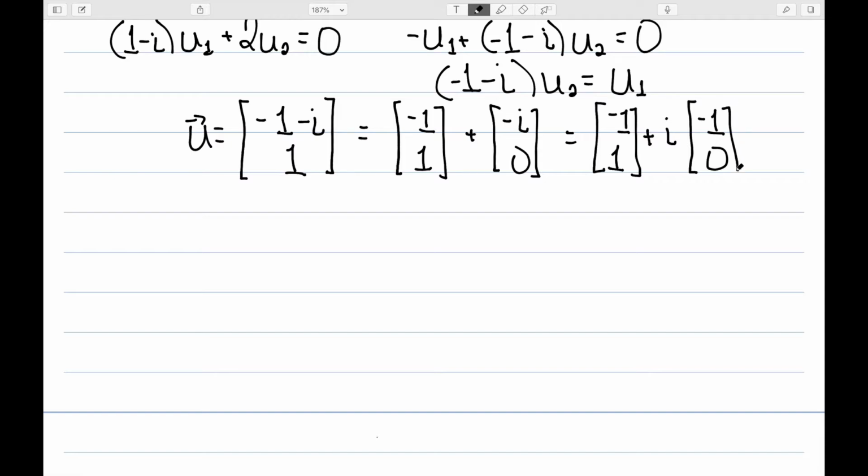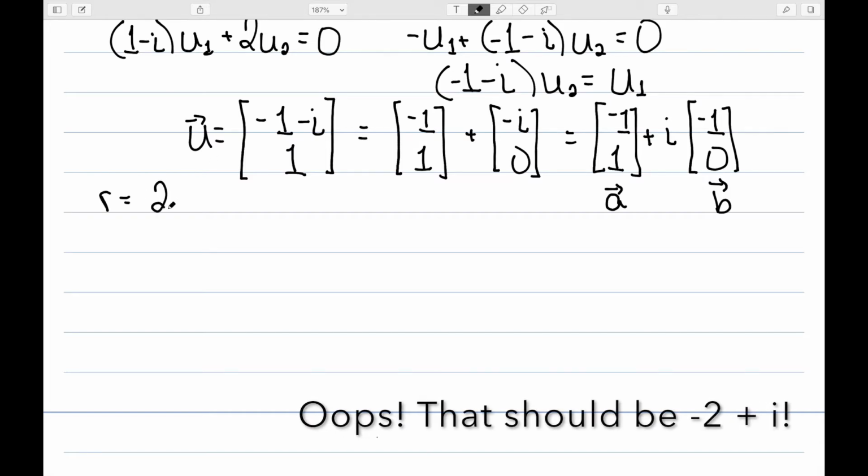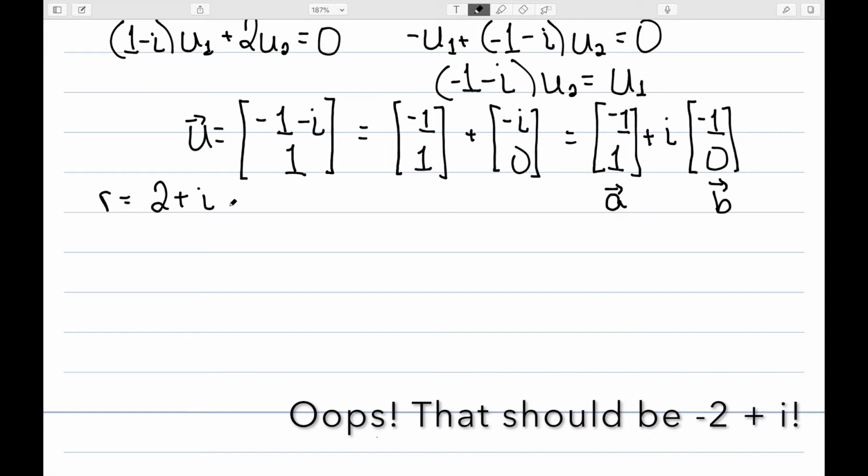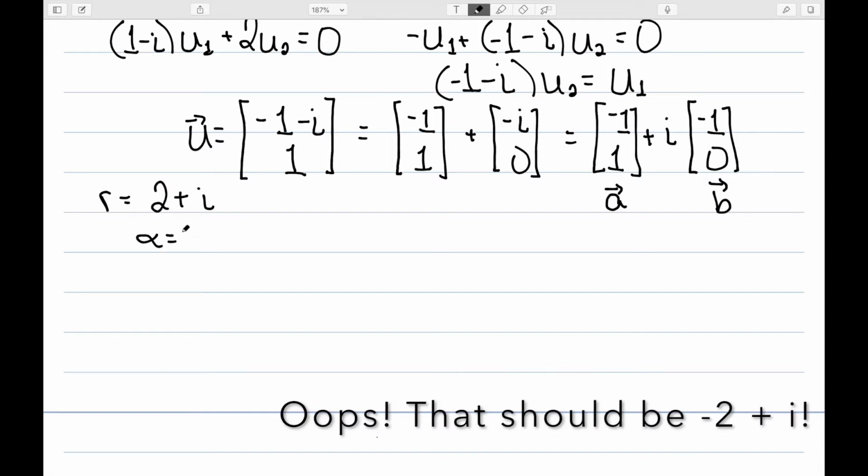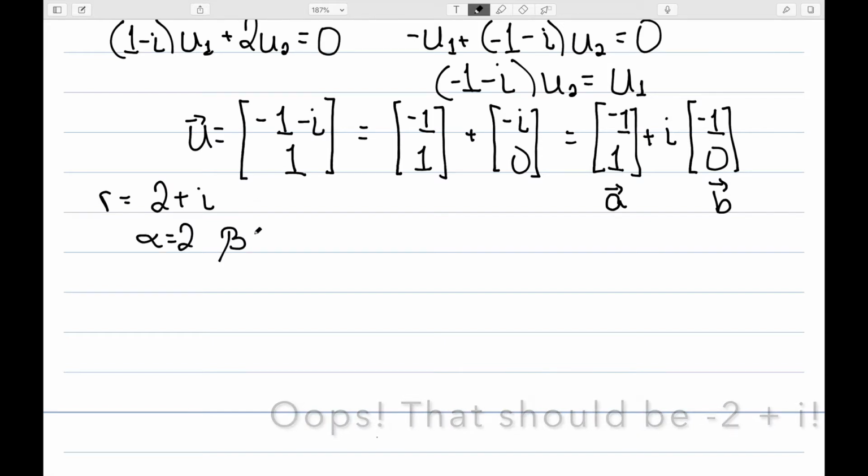This vector right here is my a vector, and this vector right here is my b vector for my solution. We also had that r was equal to -2 plus i in this case, so alpha is the -2 part and beta is the coefficient of the i, the 1.